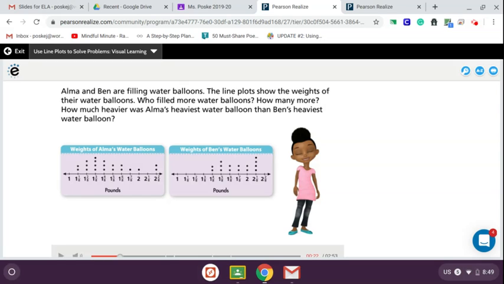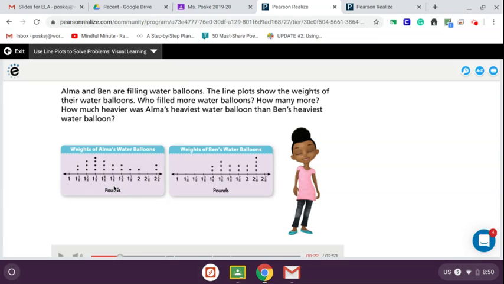There are no water balloons that weighed 1 pound, but there were two that weighed 1 and 1/8, three that weighed 1 and 2/8, four that weighed 1 and 3/8 pounds. Three water balloons weighed 1 and 4/8 pounds.